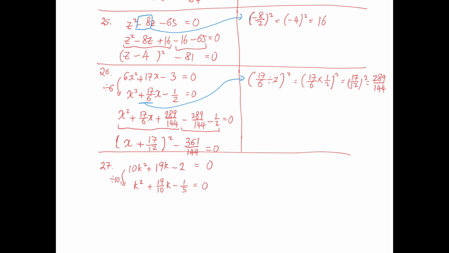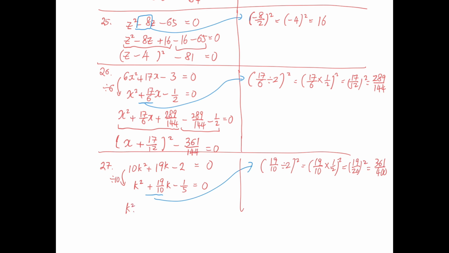Okay, so we focus on 19 over 10. We take that, divide by 2 and square. 19 over 10 times half, squared, which is 19 over 20 squared, and then 361 over 400.